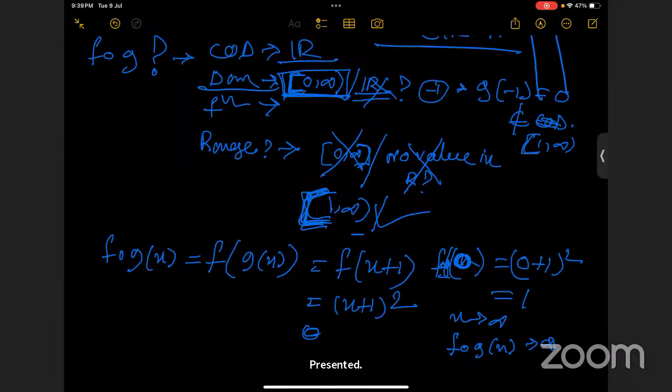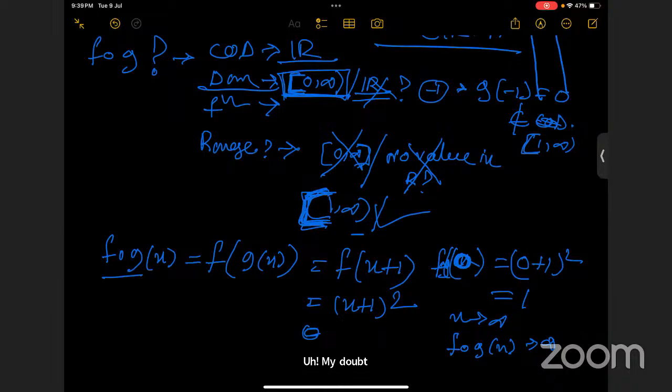So why are we not able to take 1? I'm getting confused over there. We're taking 1. This is the closed interval 1 to infinity. Ma'am, when we say that our range starts from 1 and goes up to infinity, my doubt is why not anything less than 1?